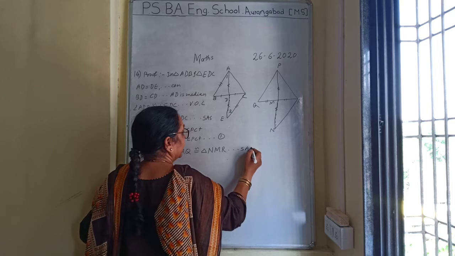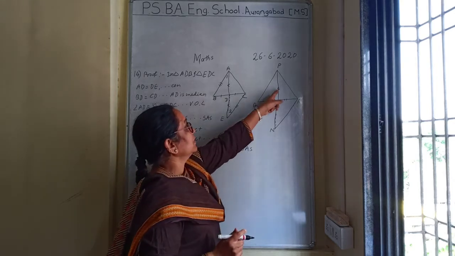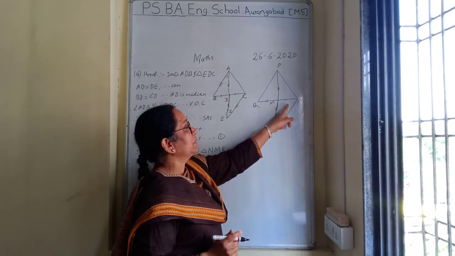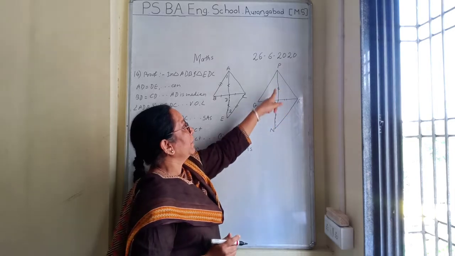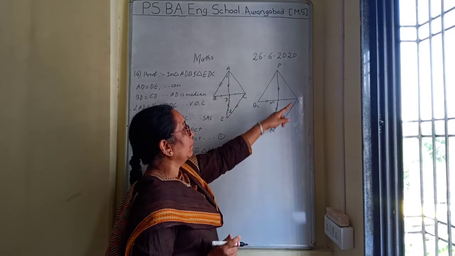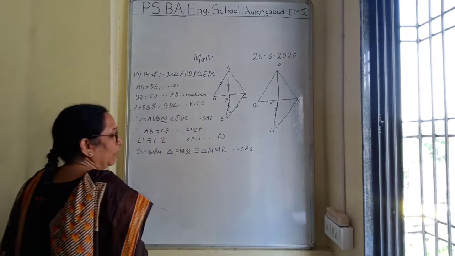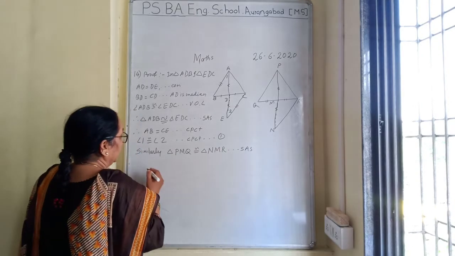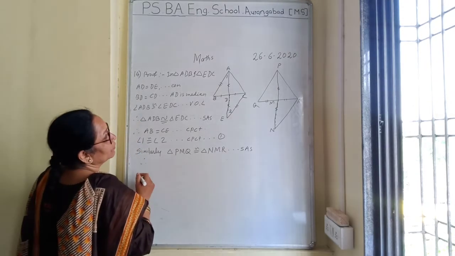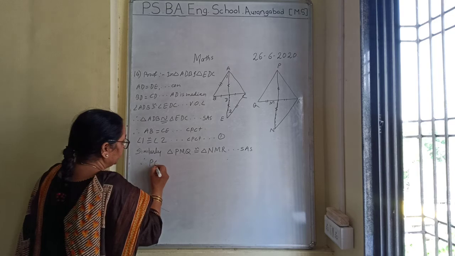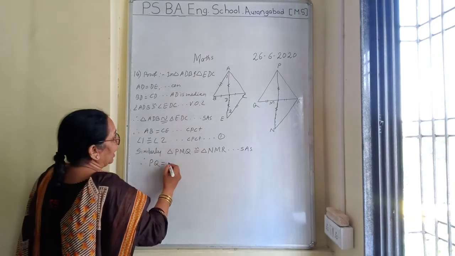Reason will be SAS. That means this side is equal to this side, QM is equal to MR, and angle PMQ is equal to NMR, vertically opposite angles. But no need to write that. Correct? Therefore, we have PQ is equal to RN.